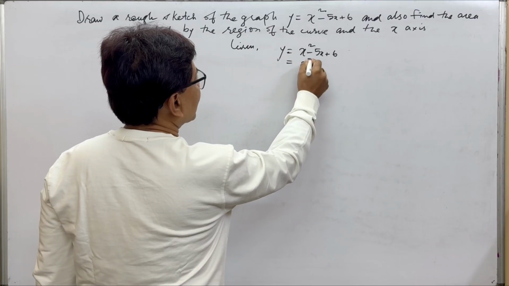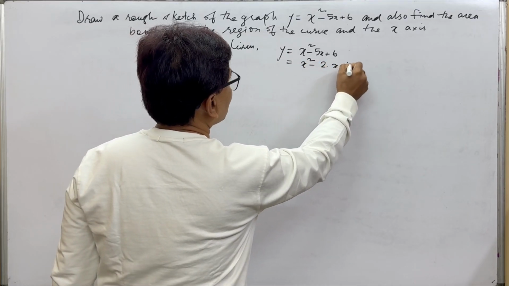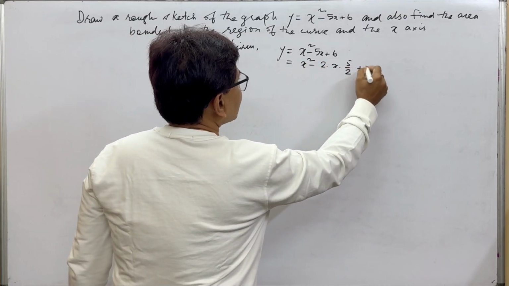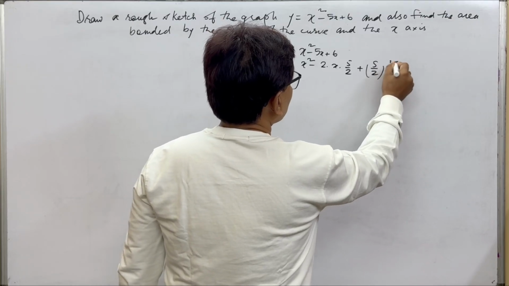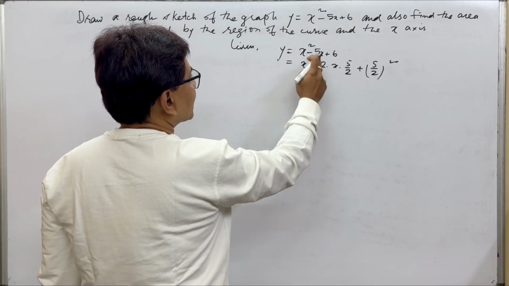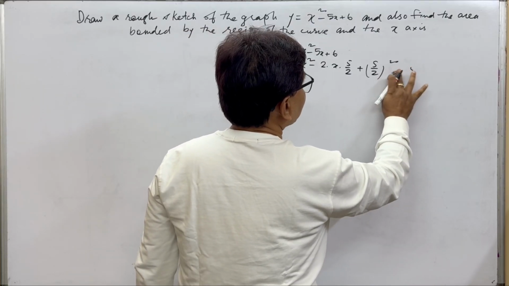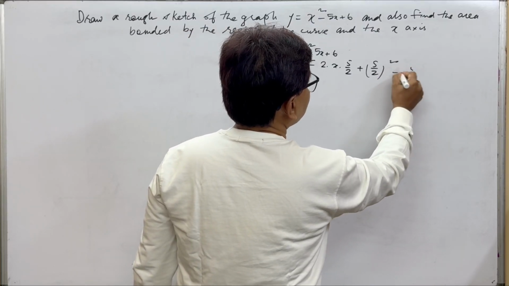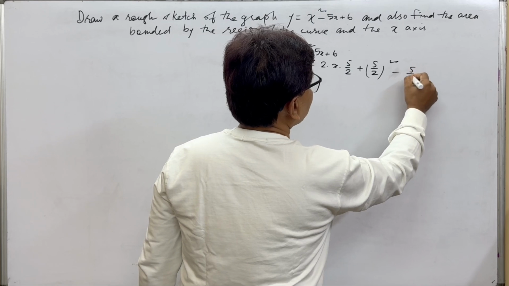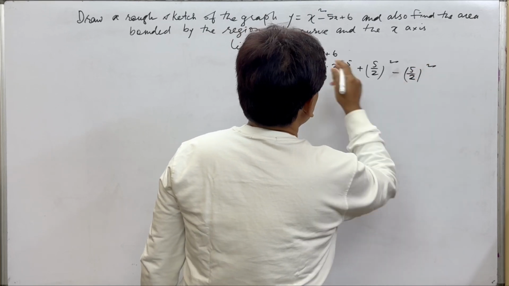So what you can write: x square minus 2 dot x dot 5 by 2 plus 5 by 2 whole square. What we have done, we got 2 cut off minus 5x and x square. So this 5 by 2 whole square was not there, so we write minus 5 by 2 whole square, and plus 6 is there.